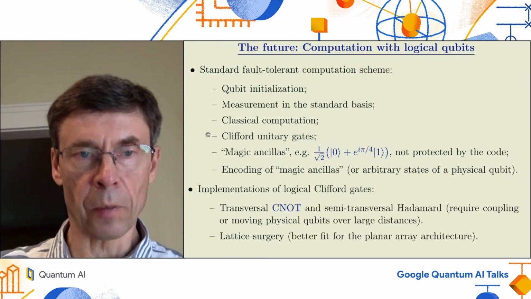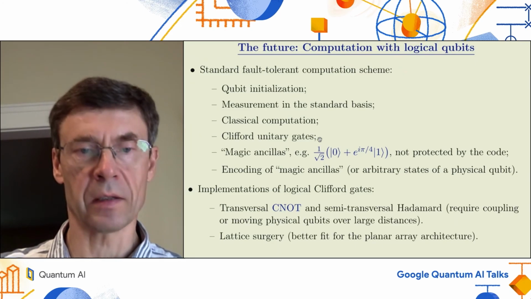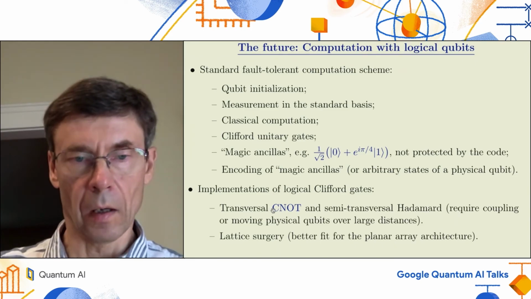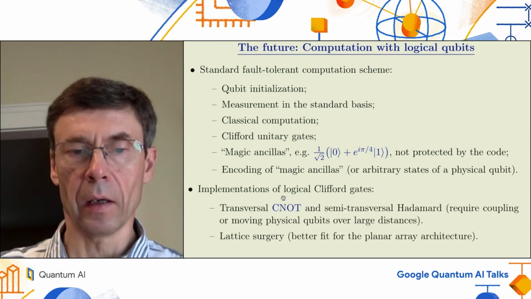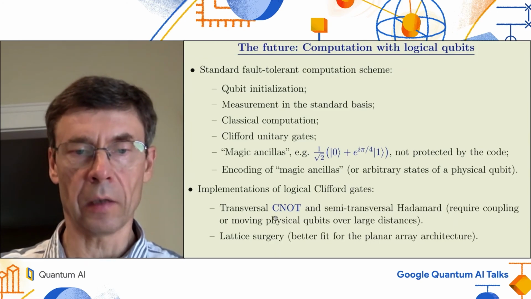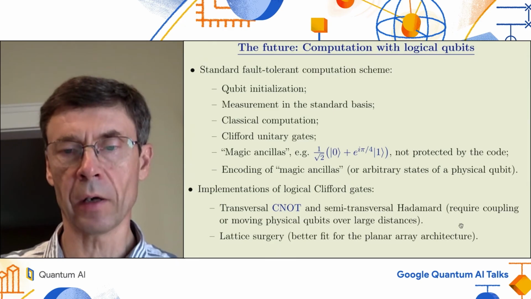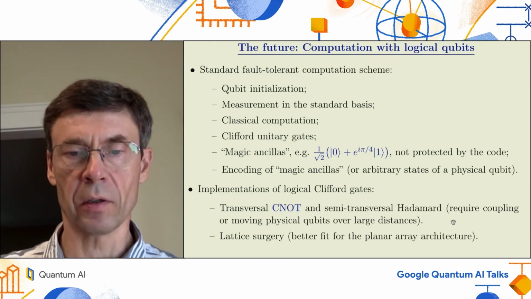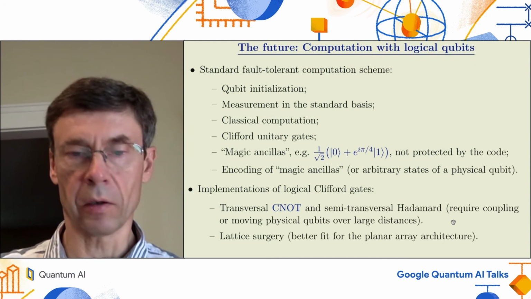An important part of the scheme is the implementation of Clifford unitary gates. We need to implement at least CNOT and the Hadamard gate, and they can be done transversally. CNOT is purely transversal, and the Hadamard is semi-transversal. It involves a 90-degree rotation of the code block.